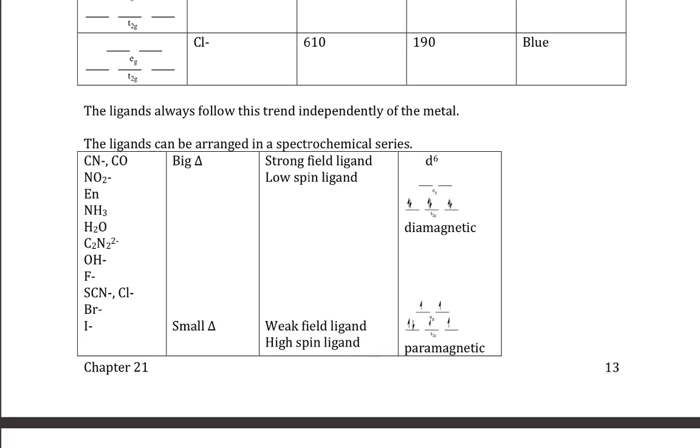So what we have is a lot more spin in the case of the weak field ligand, and we often call those types of ligands high spin ligands. In the upper case, where we have a strong field ligand, we have not as much spin. We call those low spin ligands.